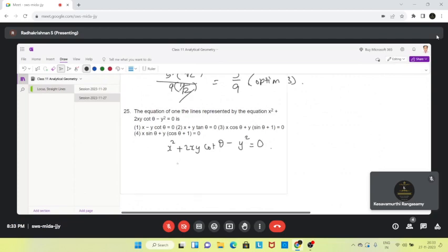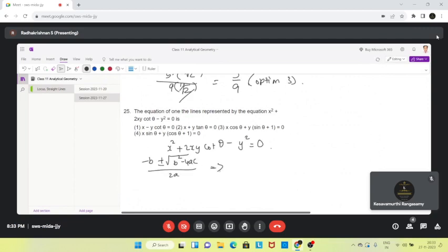Okay. So the root is given by, we know the quadratic solution, right? Minus b plus or minus root of b square minus 4ac over 2a.